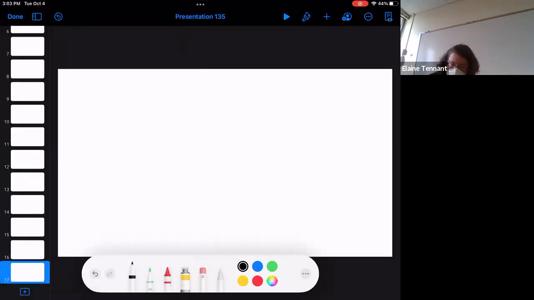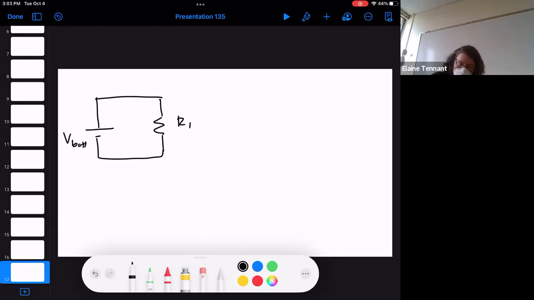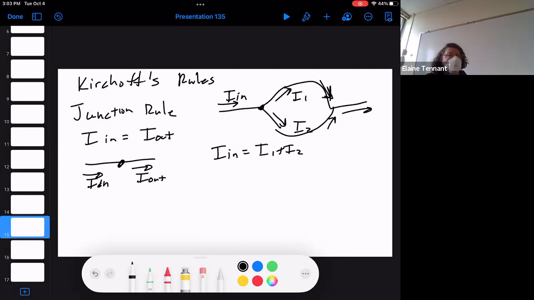So let's do the simplest circuit, because I don't have enough time to do a less simple one. Okay. Simplest circuit: R1, battery. Whenever you do this, start by setting the directions of the currents.